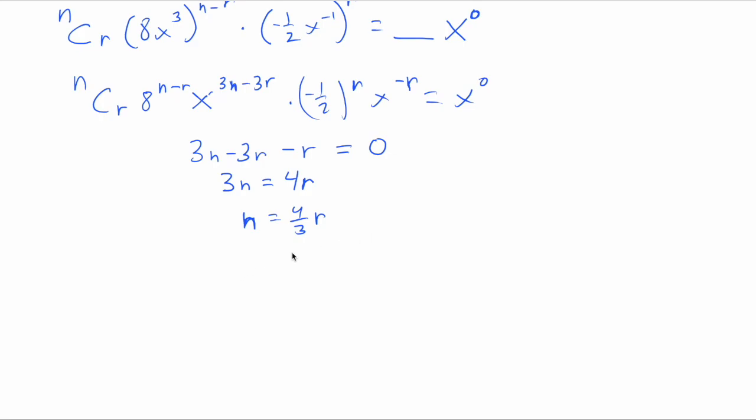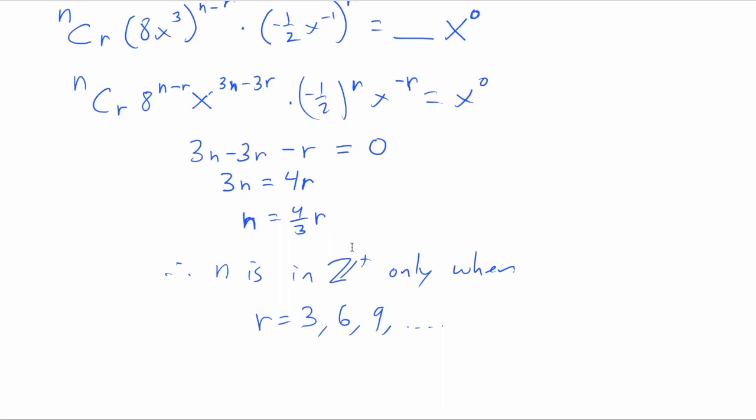So n is in Z plus only when r equals 3, or when r equals 6, when r equals 9, just basically multiples of 3, right?